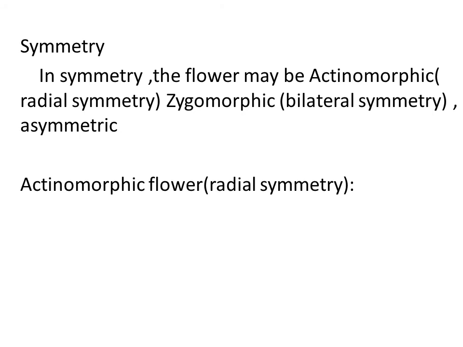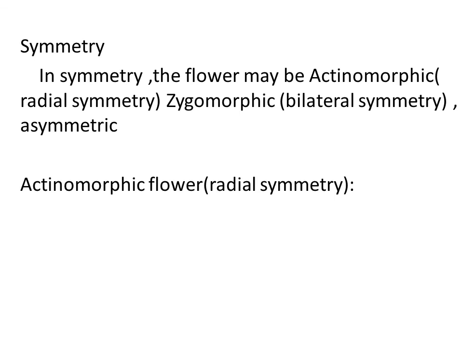What do you mean by actinomorphic symmetry? The one more terminology we use for actinomorphic symmetry is radial symmetry, right? We have seen some of the animals in the animal kingdom showing radial symmetry. What do you mean by radial symmetry? Radial symmetry is where the animal can be divided into two equal halves through any plane passing through the central axis, right?